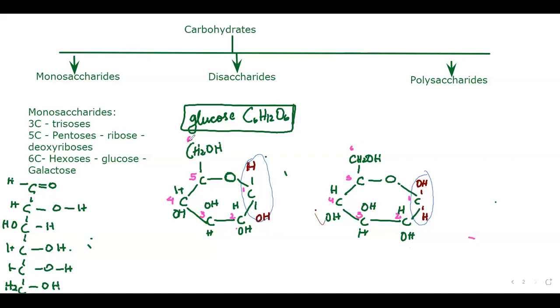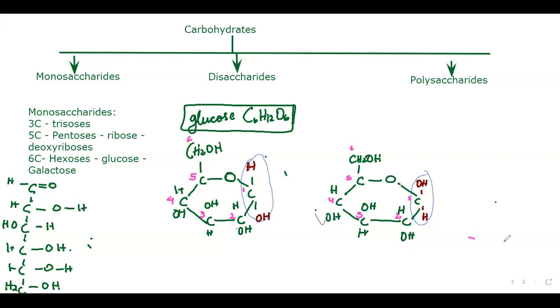While in the second scenario I have drawn, the hydrogen is below the carbon atom, right? In one scenario, the hydrogen is above and hydroxide is below. In the other scenario, the hydroxide is above and the hydrogen is below. What does that mean? That means both of these are isomers of each other.